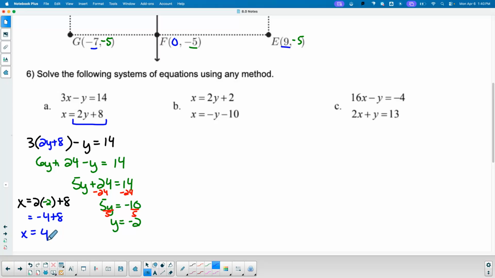-12 minus -2 is 14. -2 times 2 is -4 plus 8 is 4. Yep, works out.